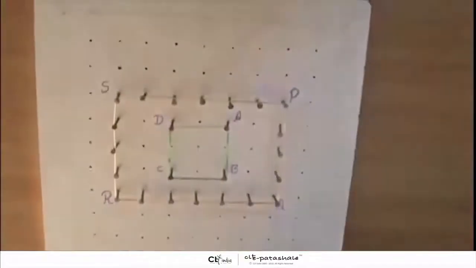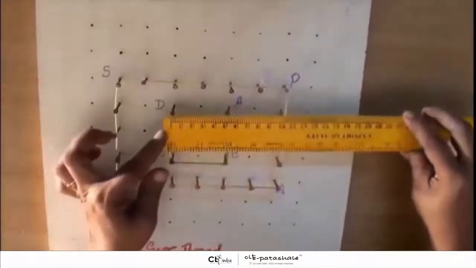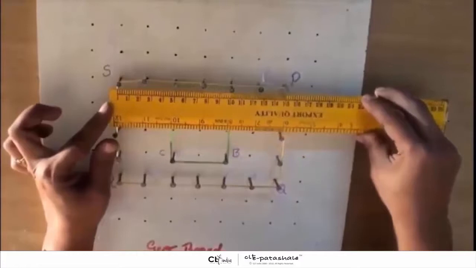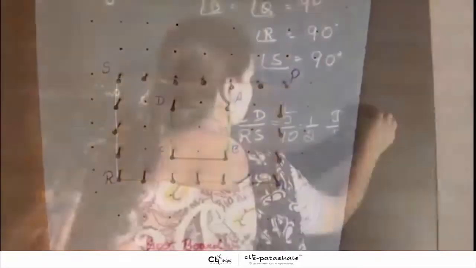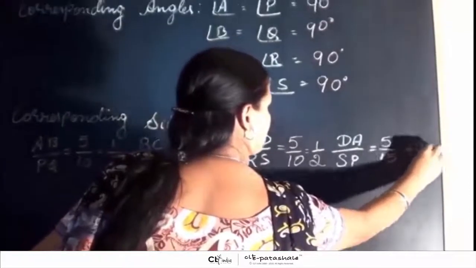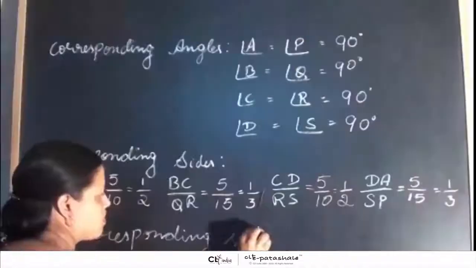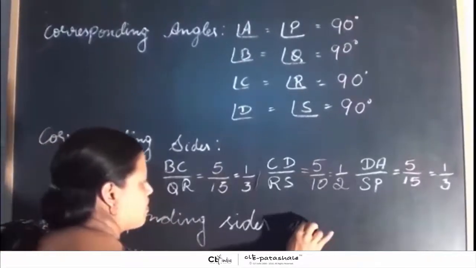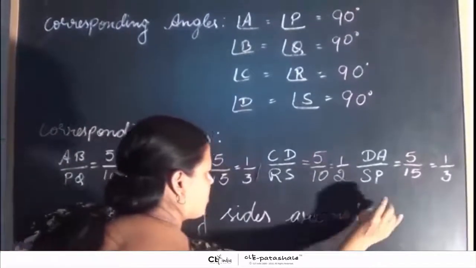Now we'll measure DA, that is 5 cm, and SP, which is equal to 15 cm. 5 by 15, reduce it to lower terms, it's 1 by 3. From observations, you can see that corresponding sides are not in the same ratio.